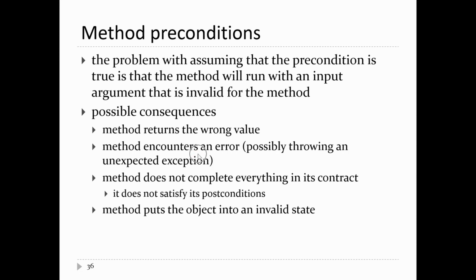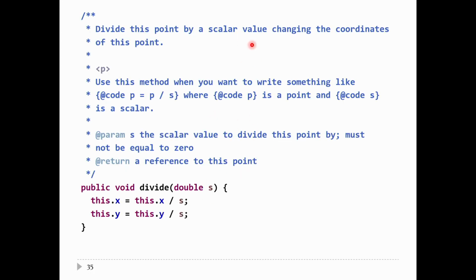Okay, so you might encounter some kind of error, right? When you encounter an error in Java, it's possible that the error causes an exception to be thrown. Notice that the documentation for divide does not say that it throws an exception. So if dividing by 0 happens to throw an exception, this method doesn't tell you that that exception might happen.